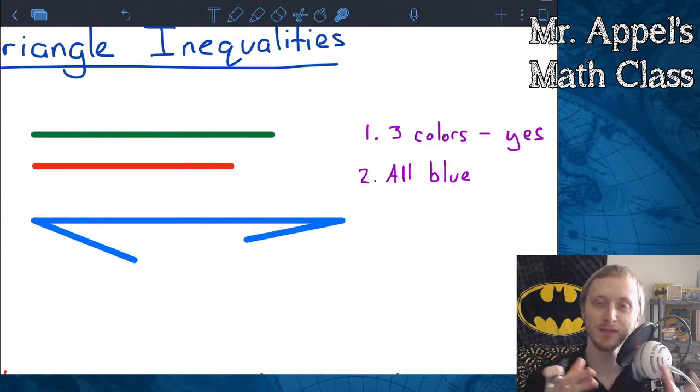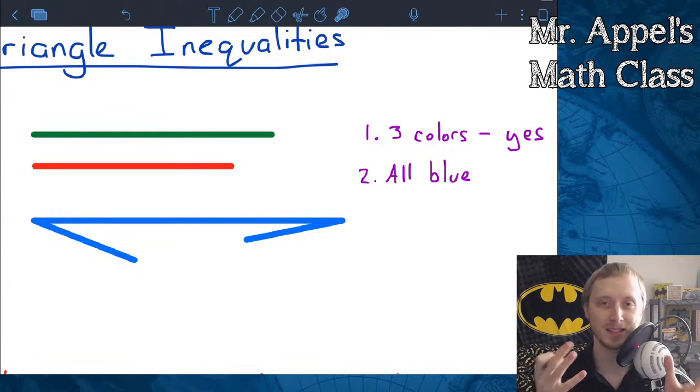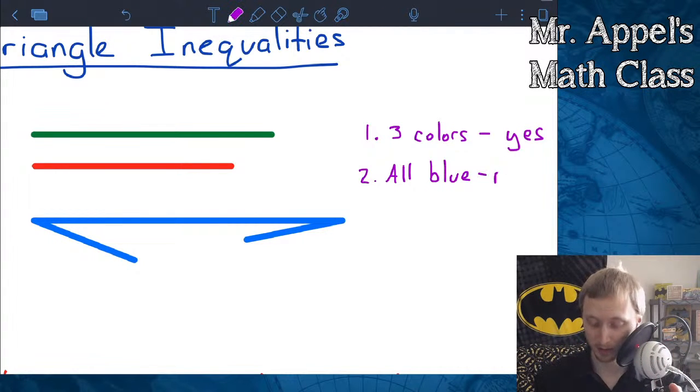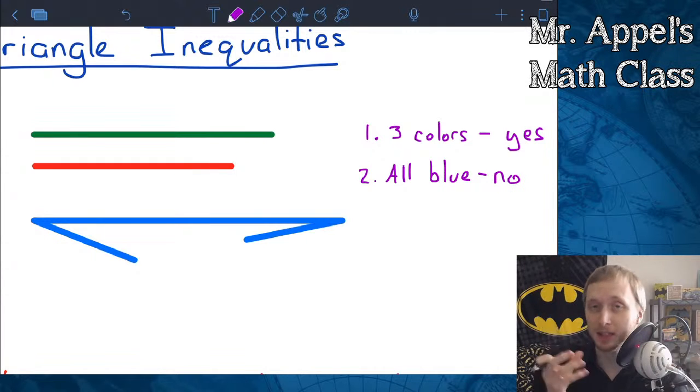And so we can see from this somewhat extreme example, there is definitely a bound, right? There is a limit of some sort on the relative sizes of the sides of a triangle. If these 2 sides are too short, right, they won't meet up when they attach to the bigger one.